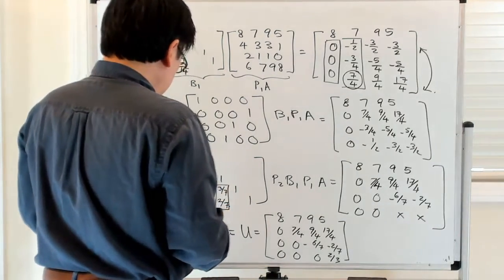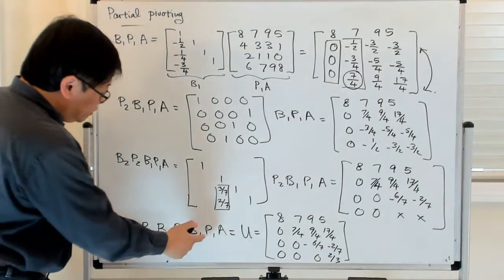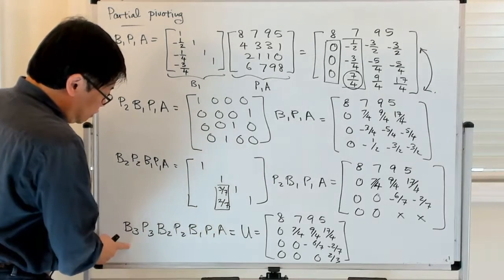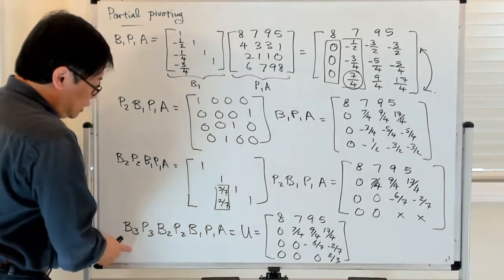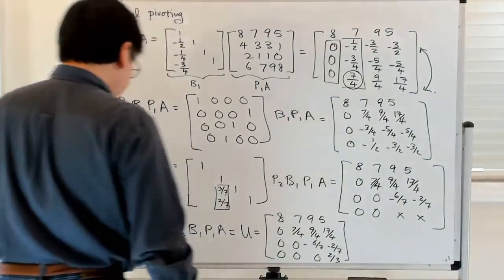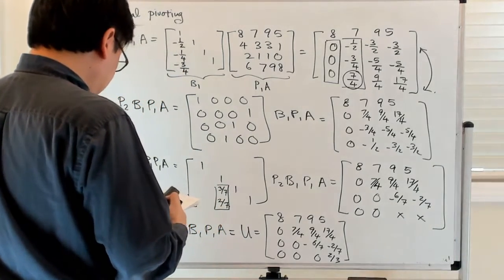All right. So now, if you recall, at least without the permutation matrices, these things which pre-multiply A, the inverse of that becomes a lower triangular matrix. So this gives you this expression which you want.